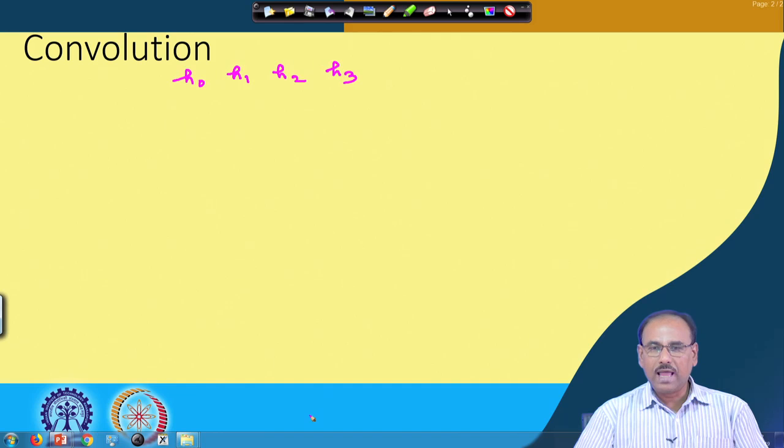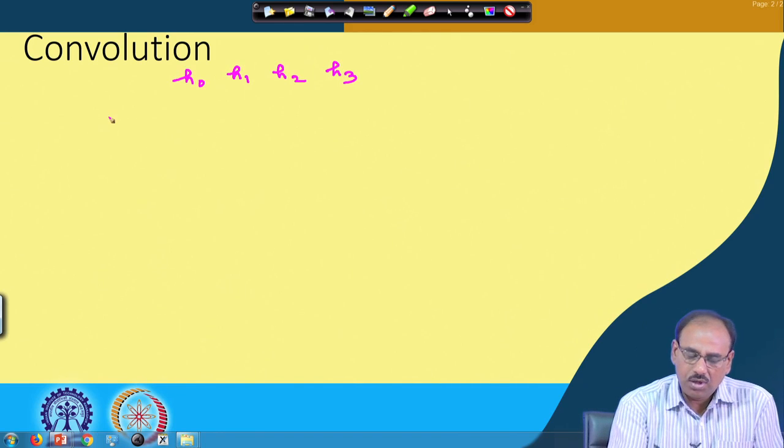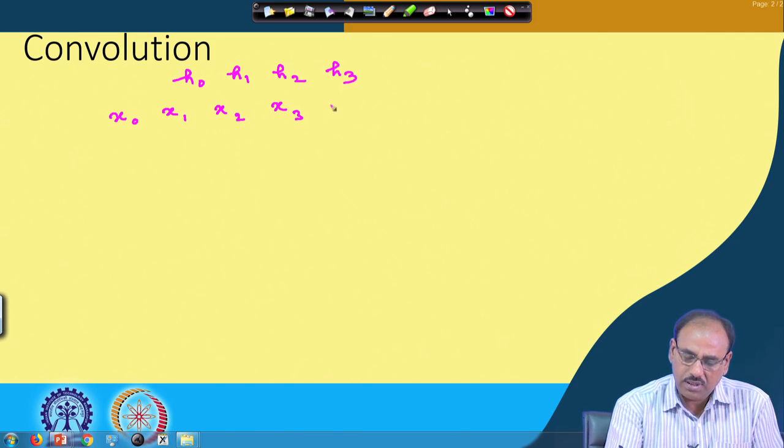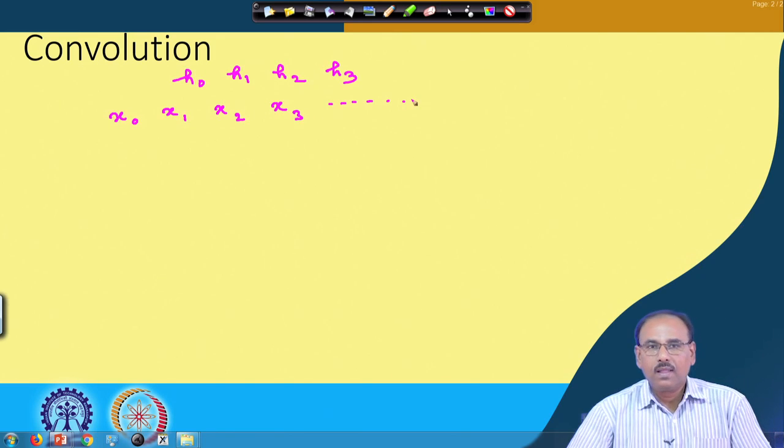Suppose we have the input sequence x0, x1, x2, x3 and it continues. At time instant 0 you have input x0, at time instant 1 you have x1, at time instant 2 x2 and so on.